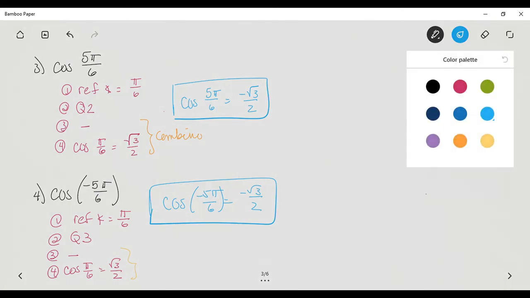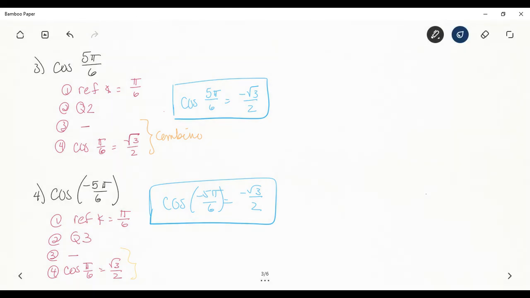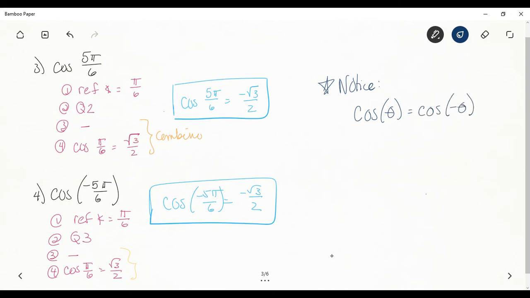Now, have you noticed anything on our last two answers? I hope so. We're noticing that no matter what our angle is for cosine, if we take the cosine of that negative angle, our ratios come out to be the same.